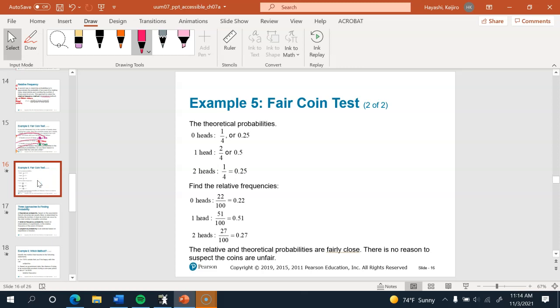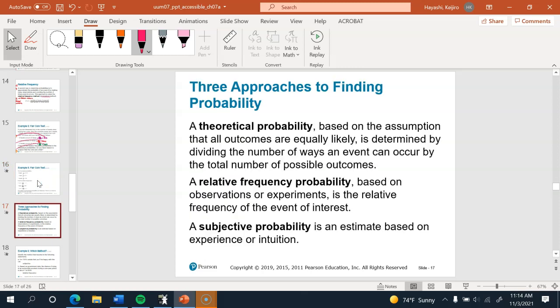Right, they are close. There's no reason to think that they're okay. So what we've seen so far are two things: a theoretical probability based on the assumption that all outcomes are equally likely.